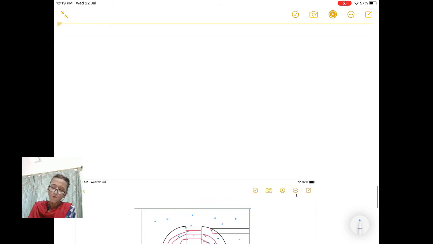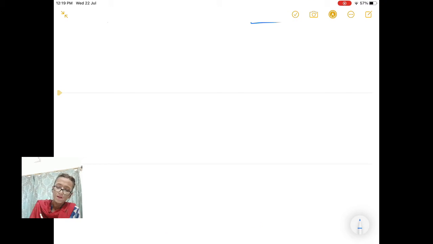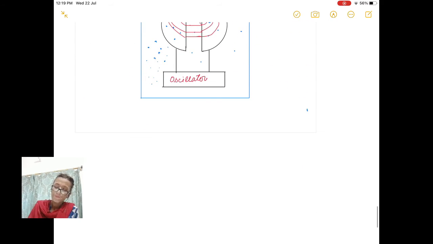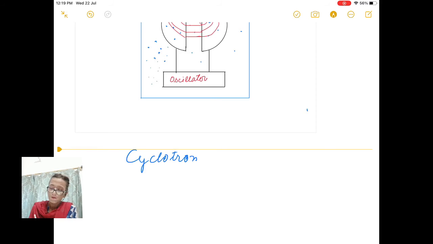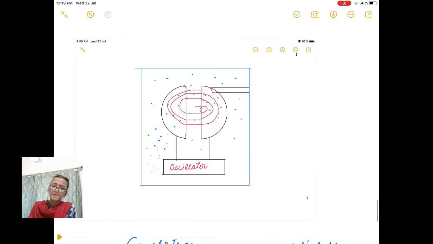There is one more device, and that is called the cyclotron. This also uses cross fields. Here is a slide description of it.